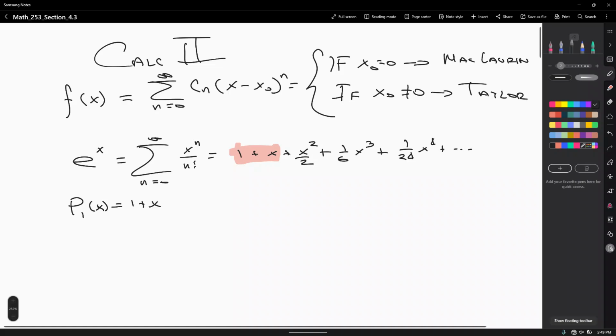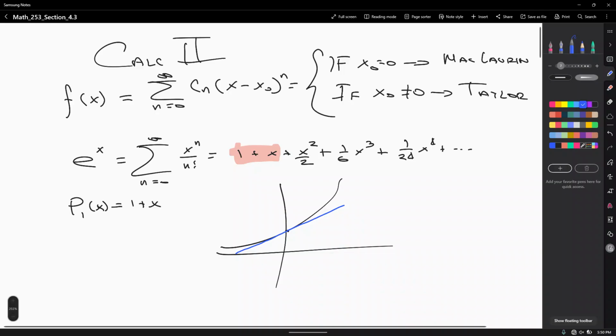But wasn't that just the equation of the tangent line? And what happens when we want to determine if this is a good approximation? That is actually the equation of the tangent line right here.